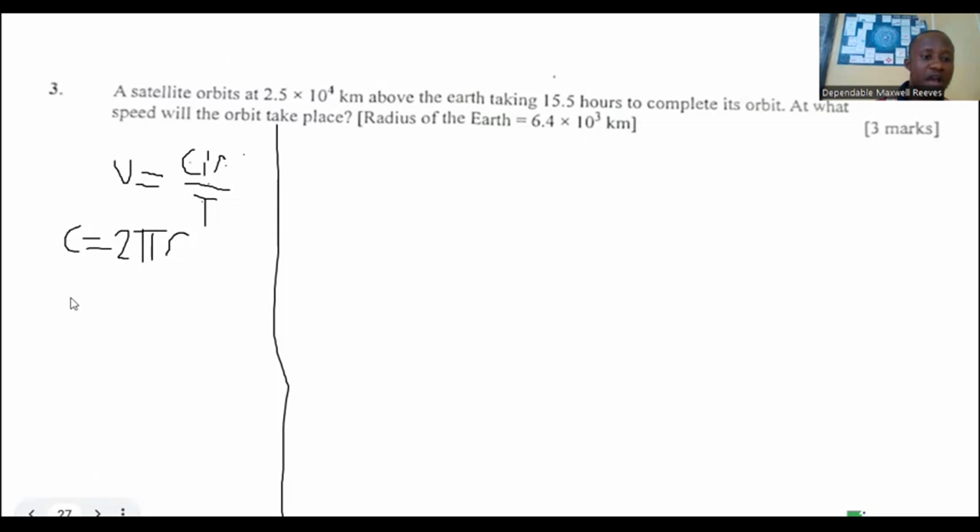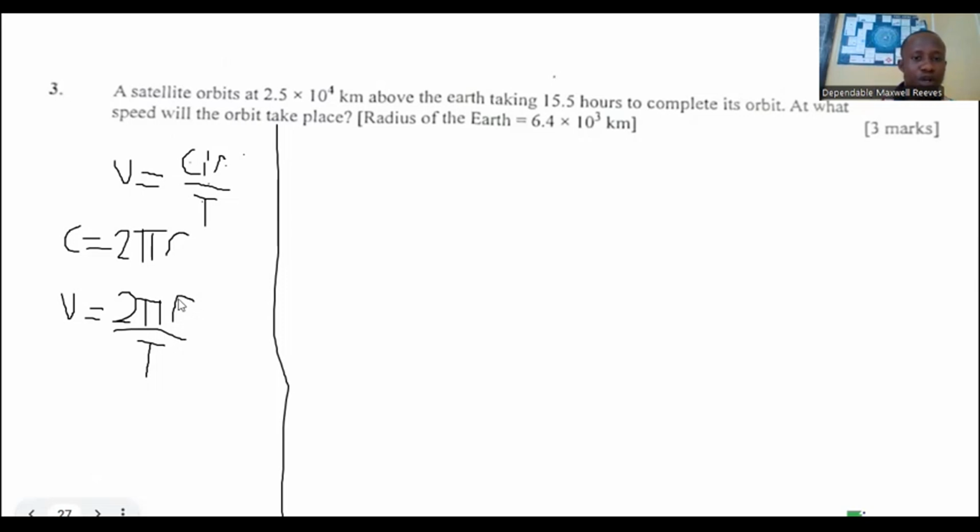So here we have V equal to 2 pi r, all divided by the period taken by the satellite to complete its orbit, T. But we need to find the value of r here. r represents the total orbital radius.